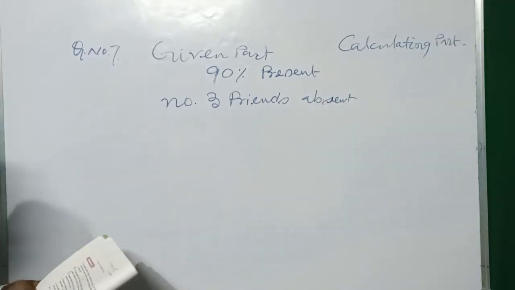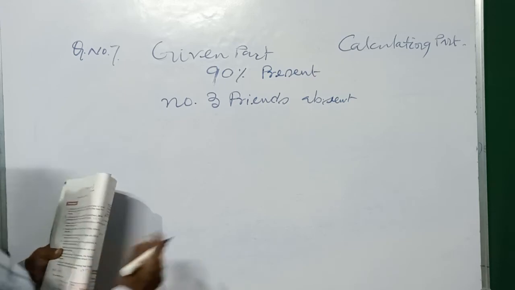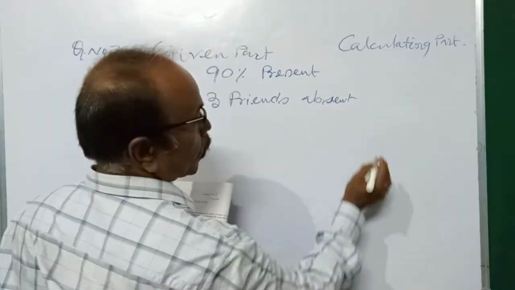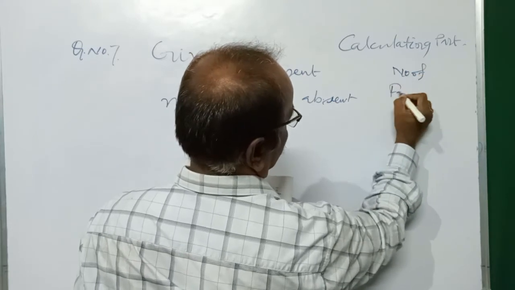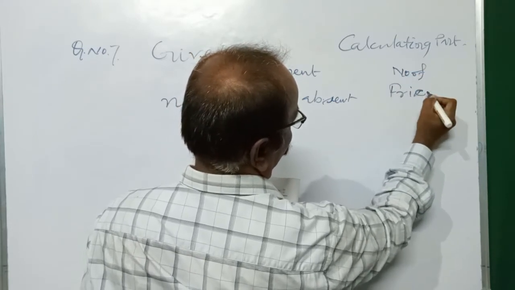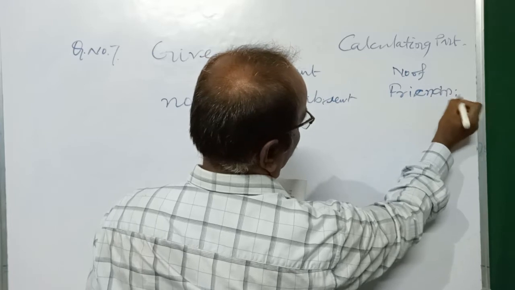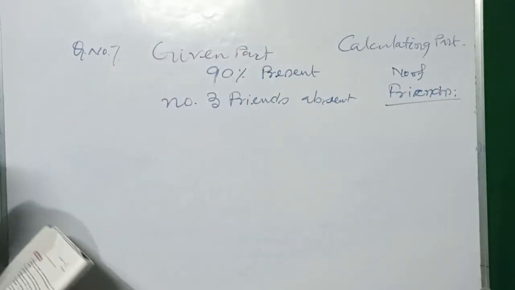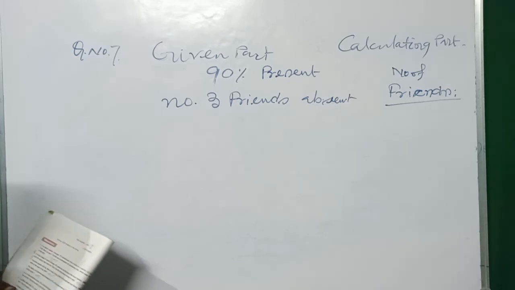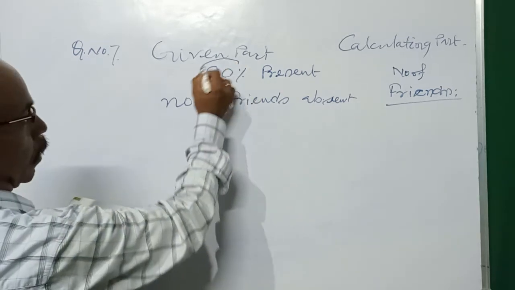Am I clear? What will be the total number of friends? My dear student, present 90%.